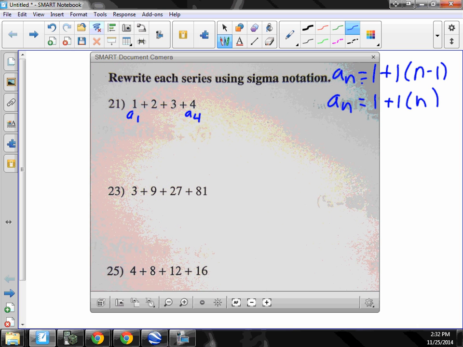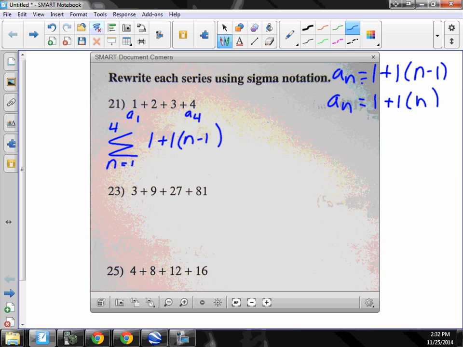So if I did a sub 1, it would be from n equals 1 to 4, 1 plus 1 times n minus 1. If I did it the other way, so this would be 1 plus n, what's the difference? It goes to 3 instead of 4.